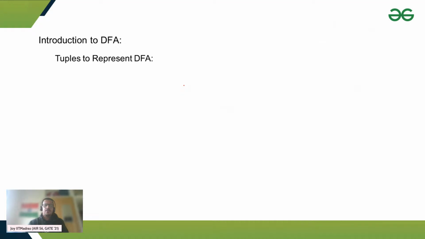In the introduction of DFA, firstly we'll see how a DFA is represented using tuples. For a DFA we have a 5 tuple structure. The tuples are the set of states, which is represented by Q, the set of alphabets, the transition function, the initial state, and the set of final states.